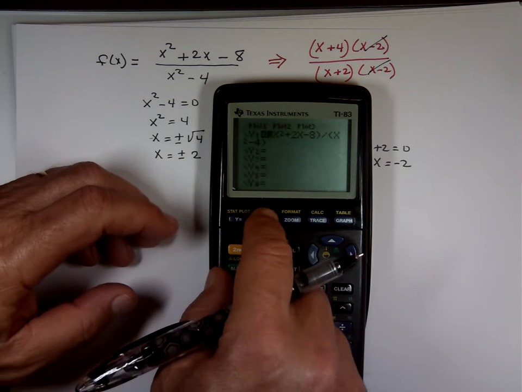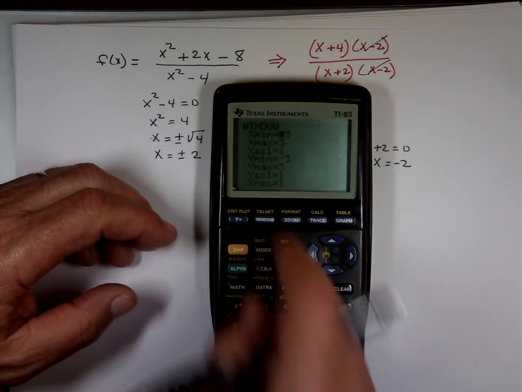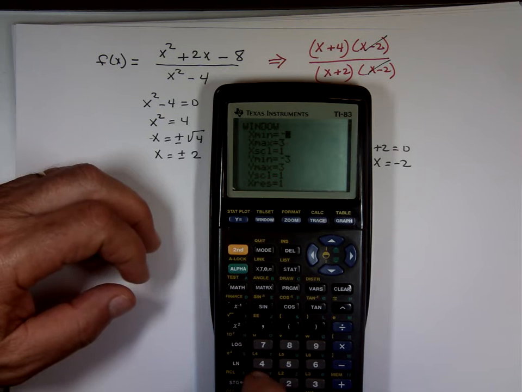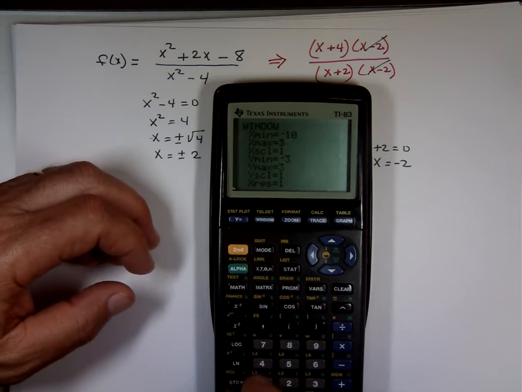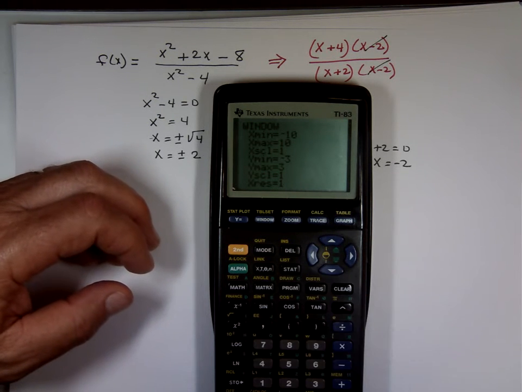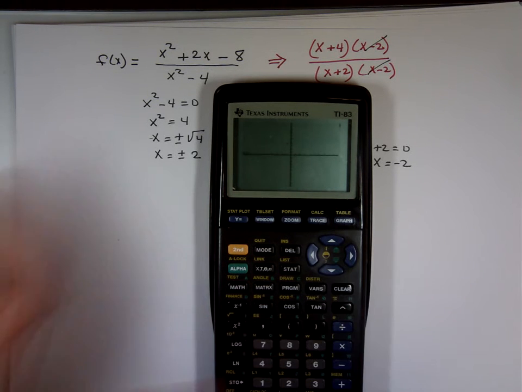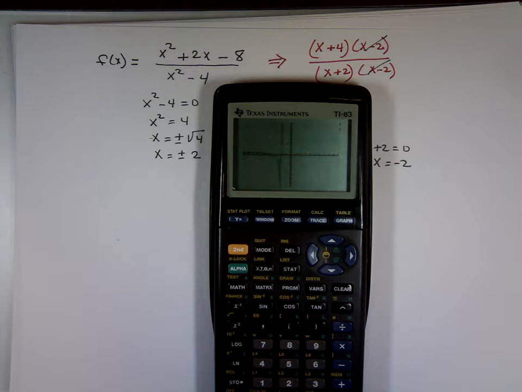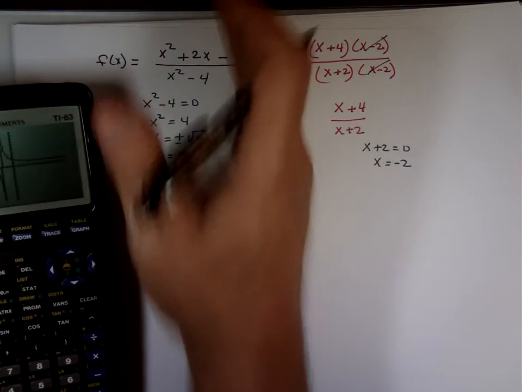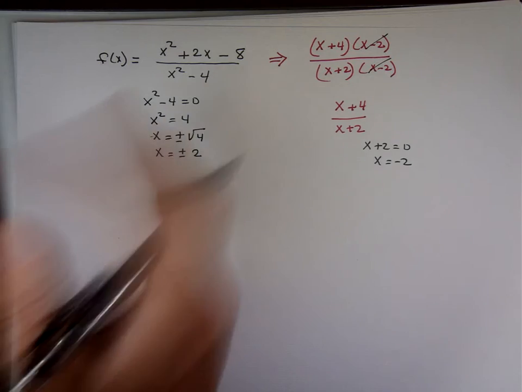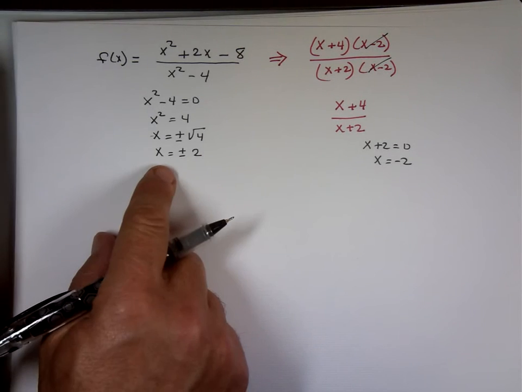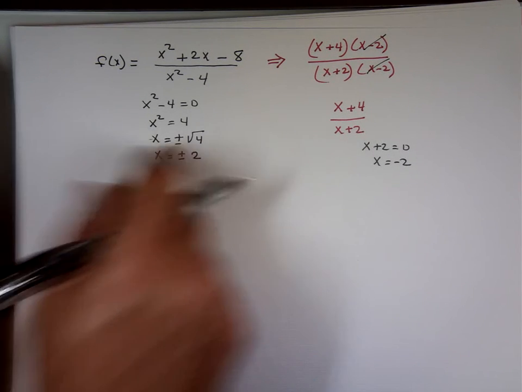Window, -10 to 10, so you'll see a better picture. And graph. No, it's only one of them, because the calculator is going to graph the simplified version of that problem. But the original problem has two vertical asymptotes, one at -2, one at +2.